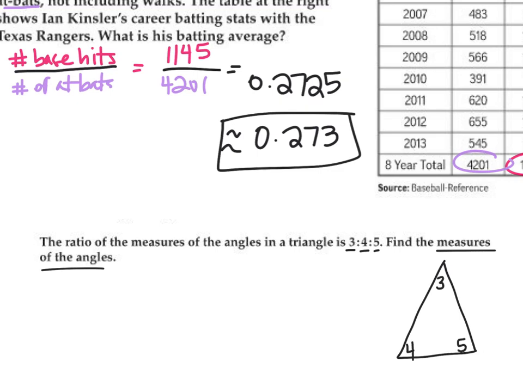Okay, the ratio is 3, 4, 5, not the measurements. In order to find the measurements, we have a missing factor, okay? 3 times what? Okay, we can say that 3x, 4x, and 5x would be the ratio of the actual angle measurements. Okay, it's the same exact thing.